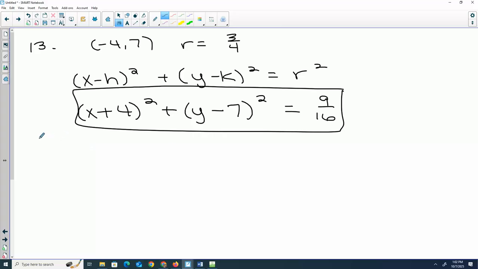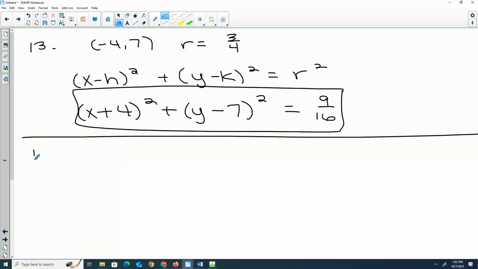The second one, I'm asking you to figure out if this is a circle. So to do that, we try to take our answer and turn it back into something of this form. So put your x's together. Put your y's together. And what do we do with that -5?